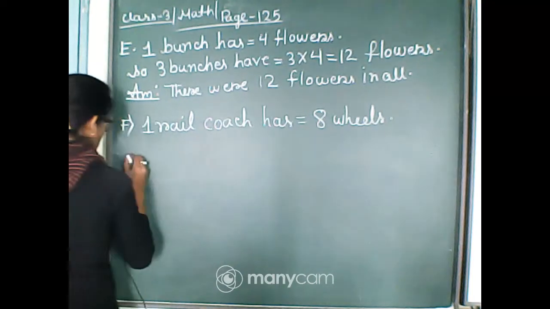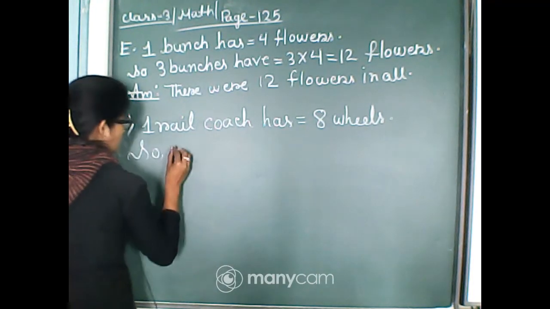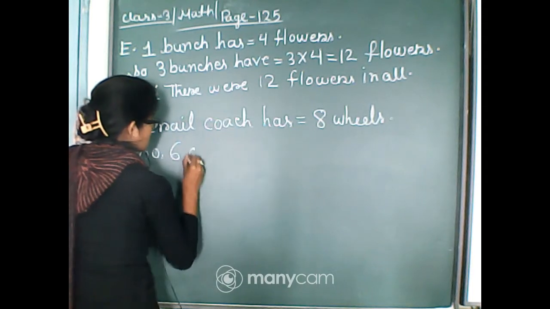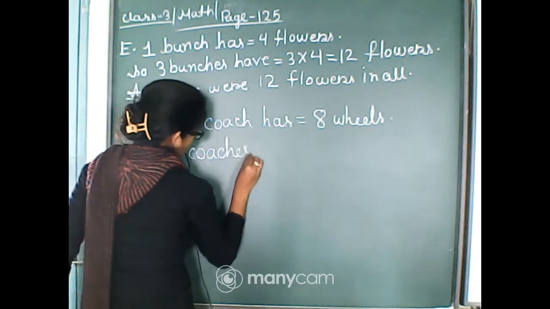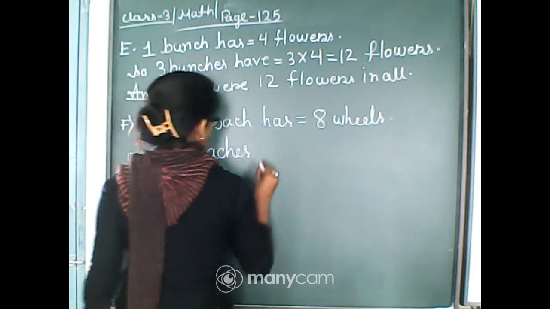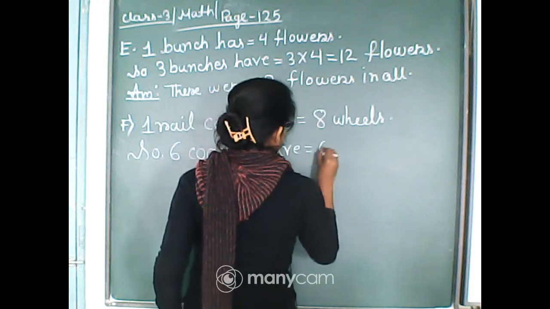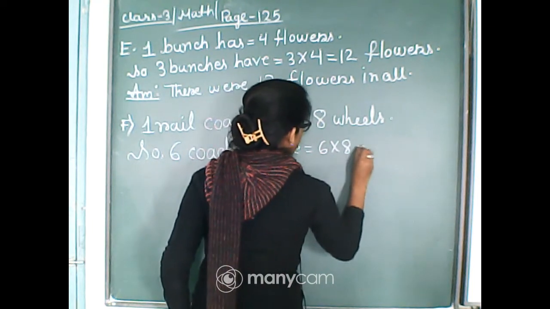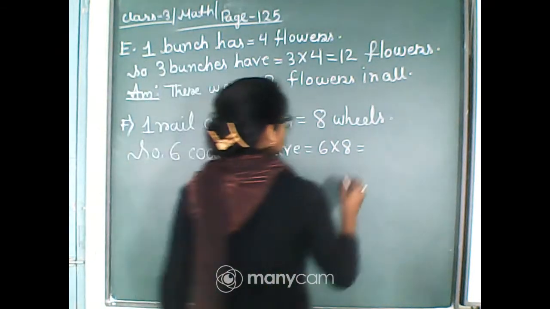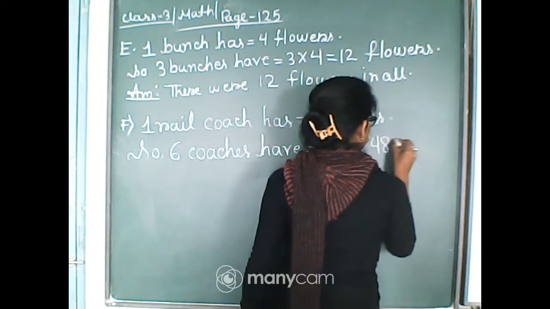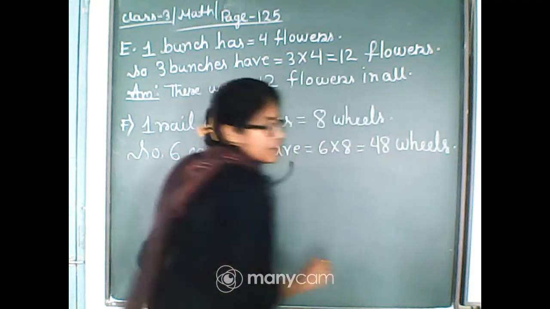Okay, so 6 coaches have 6 into 8. How much? 6 into 8? 48. Very good. Wheels. Okay.